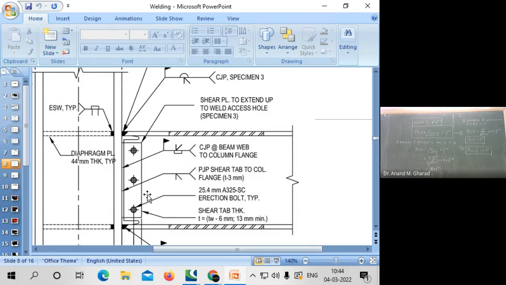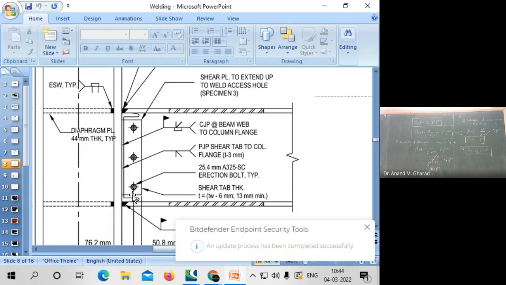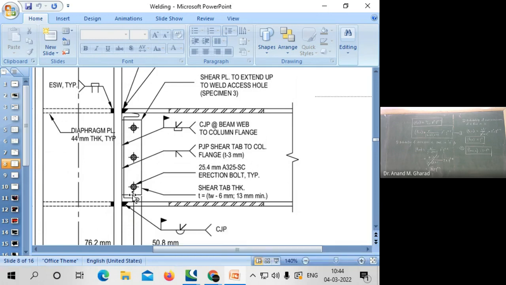And as you can see, in addition to the weld, we have also provided the bolt connection. So as combined connections करने पड़ते हैं, and it is acceptable. There is no harm. ऐसा कुछ नहीं है कि हम सिर्फ और सिर्फ weld ही provide करें या सिर्फ bolt provide करें. No, we can even go for the combination of weld and bolt in order to create the required amount of fixity. Okay, so that can be done.